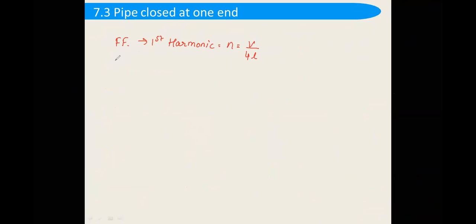And what about the next? After the fundamental frequency, we are not getting the second harmonic. Instead, we are getting the third harmonic, denoted by n1. n1 is equal to 3n, and this is called the first overtone. After that, we are getting n2. n2 is equal to 5n. This is the second overtone.